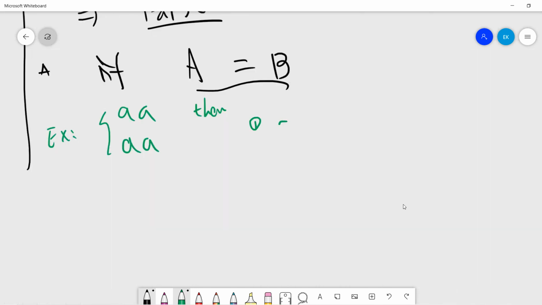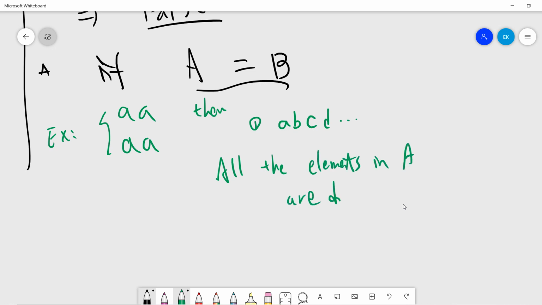For example, one is A, B, C, D, where all the elements in A are different. Then there's no way you can exchange anything to get B, because they are the same.